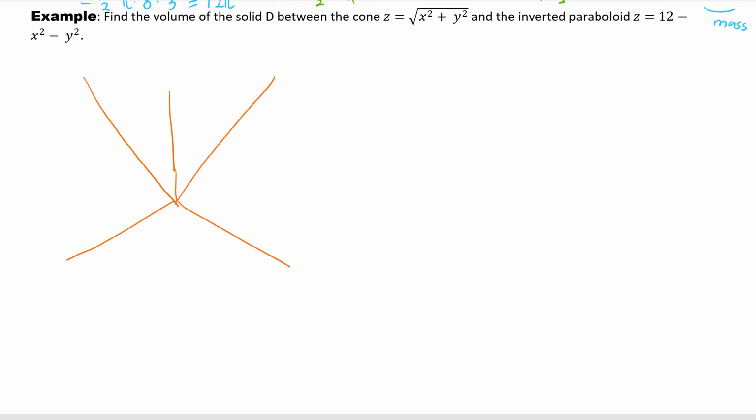inverted paraboloid. So for the paraboloid, this is 12, and when it intersects the xy plane, which means z is 0, then we have 0 equals 12 minus x squared minus y squared. This is the same as x squared plus y squared equals 12. So let's say this is like square root of 12.